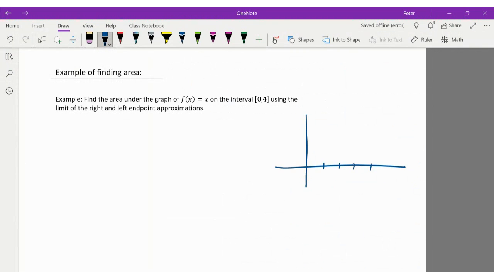That's y equals x, and I'm simply drawing this triangle. It's a right triangle. Its width is 4, its height is 4. The area is equal to 1/2 times 4 times 4, which is, sorry, 8.